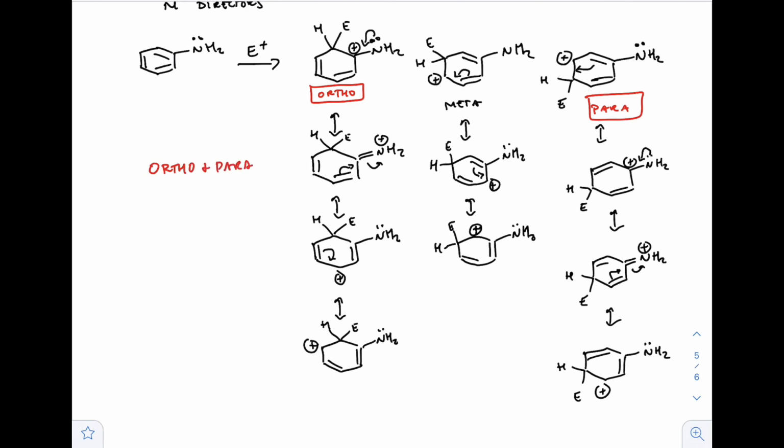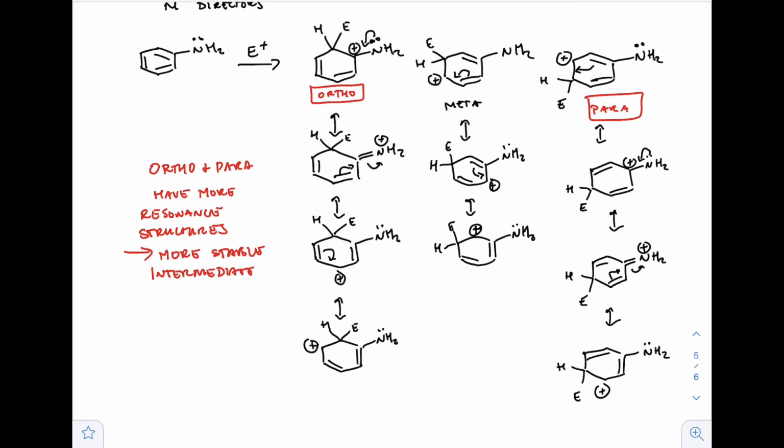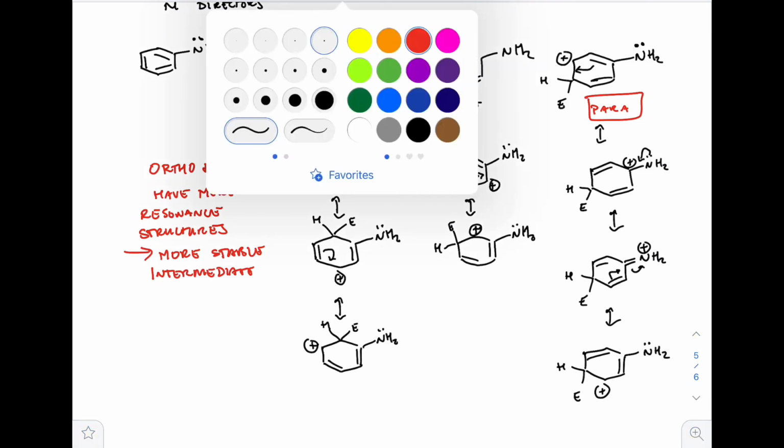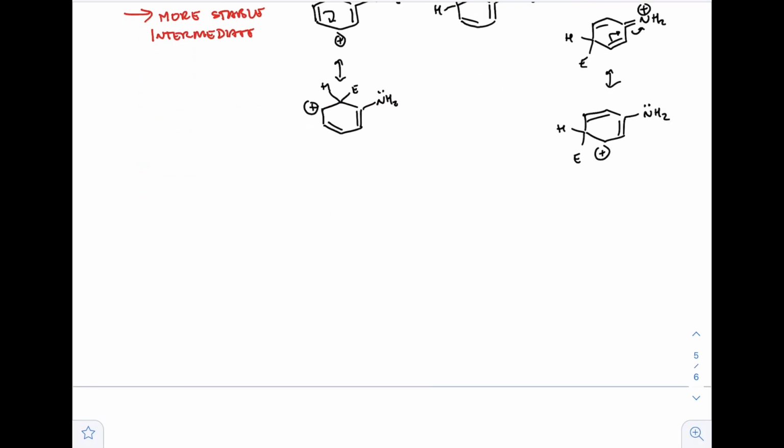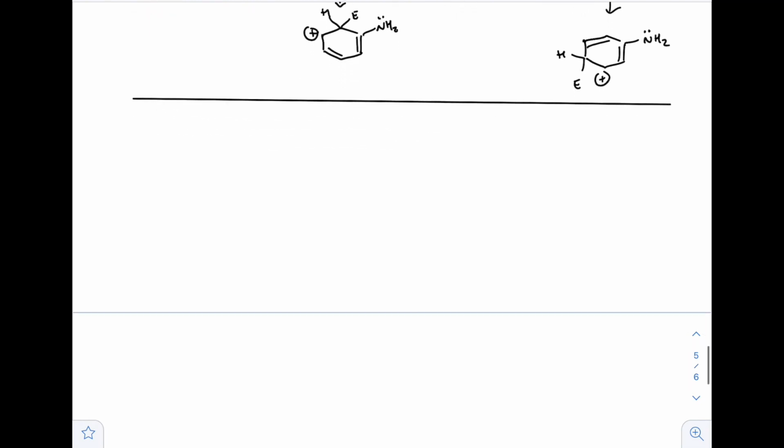So that is the justification for the ortho para directors. They have more resonance structures, and that's all because of the location of that positive charge and the ability of that electron donating group to help stabilize that positive charge. Okay, so more resonance structures, more stable intermediate, which means, remember that intermediate is the product of the endo group, right?